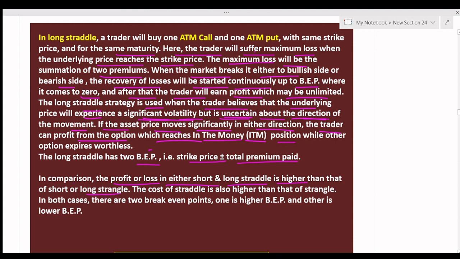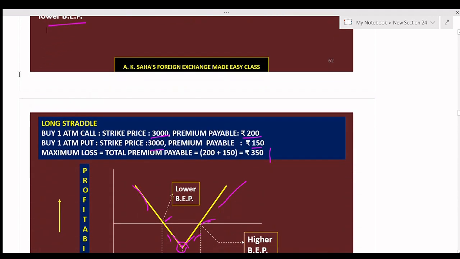In the case of a straddle, profit or loss is higher than the strangle. The cost of a straddle is also higher than that of a strangle. In both cases, there are two break-even points, one is the higher BEP and the other is the lower BEP. It will come when I discuss the long strangle and short strangle.